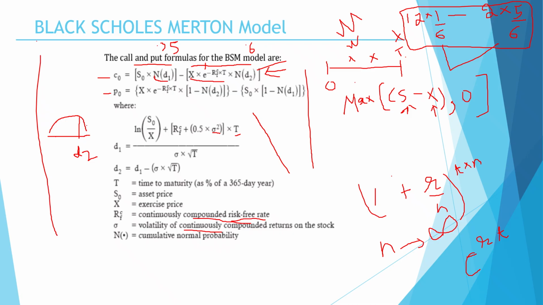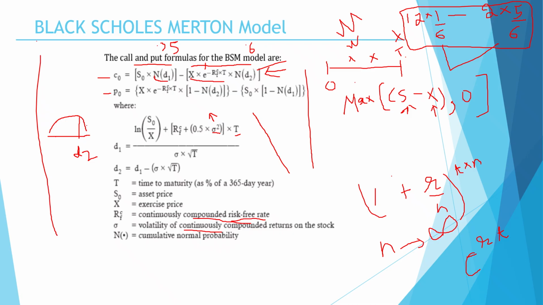The point I want to make here is, let's suppose if this will increase, what will happen? If you look into this, if this increases, then my D1 will increase, and if my D1 increases, my ND1 will increase.